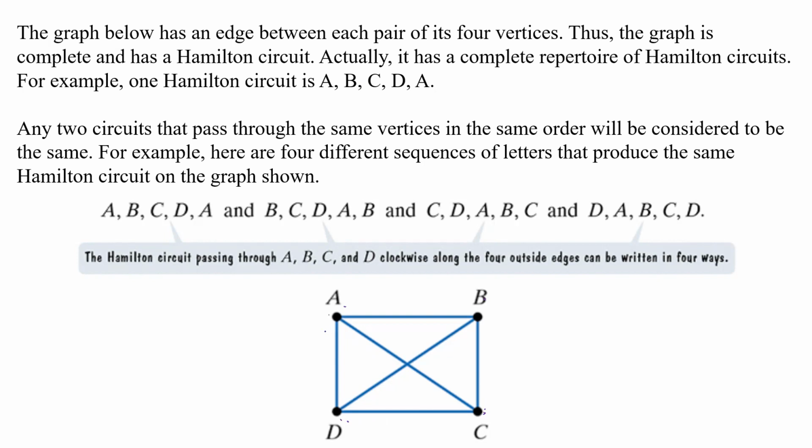Now, any two circuits that pass through the same vertices in the same order will be considered to be the same. For example, there are four different sequences of letters that produce the same Hamilton circuit on the graph. We can do A, B, C, D, A. We can do B, C, D, A, B, or we can do C, D, A, B, C, or we can do D, A, B, C, D. Basically, we start at a different place and go around the same circuit.